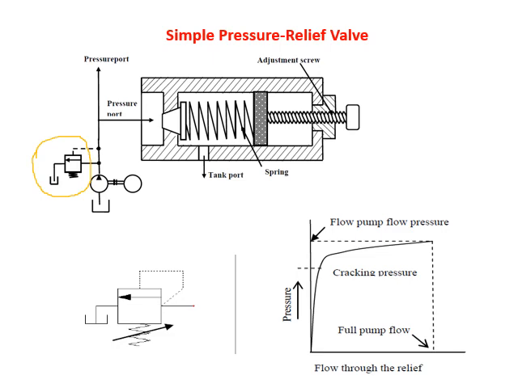It opens at one particular pressure, and it allows the high pressure fluid which is coming from the pump to drain back to the tank if that particular fluid is not used in the fluid line. So this is the simple function of a pressure relief valve. It acts just like a fuse in an electric circuit. It is just like a fuse in a hydraulic circuit.